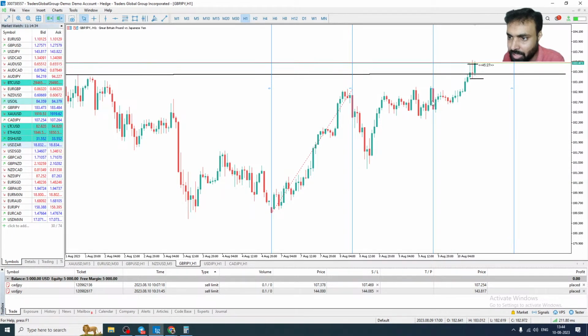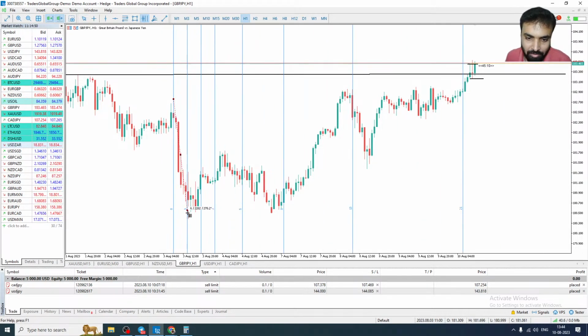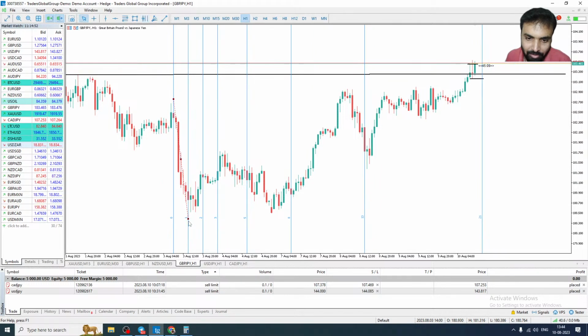When price touches that line, from there it can either go up or go down. So it's a kind of prediction tool. I have used this also in the past, but I don't know whether it really works well or not.